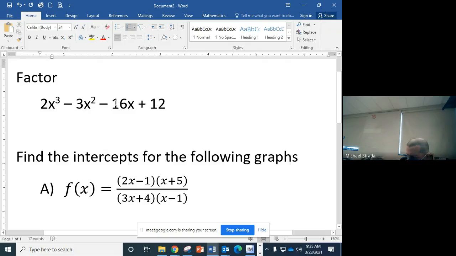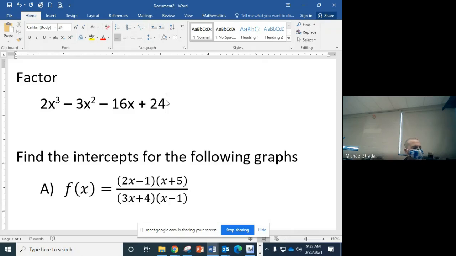We're going to change that up to 8x, I think. All right. X cubed minus 3x squared minus 16. Oh, I know what I want to do. Okay. 16x plus 24. So there you go.